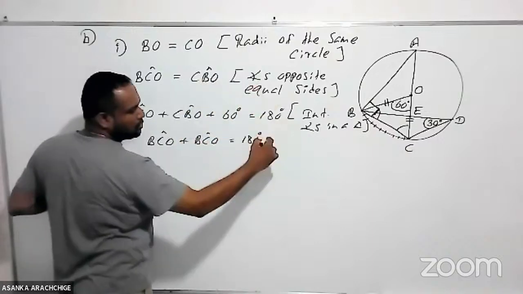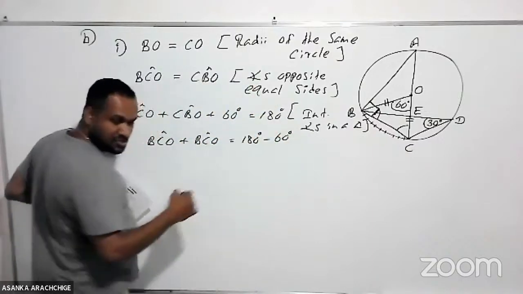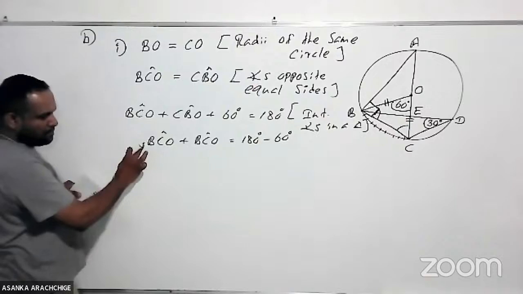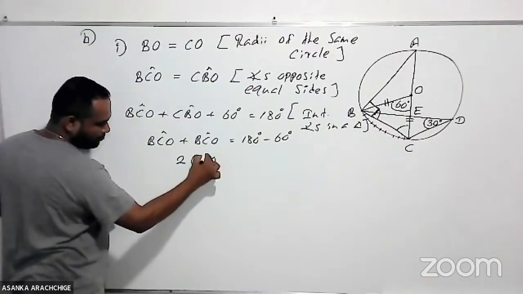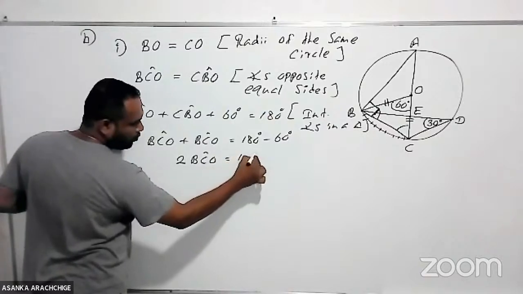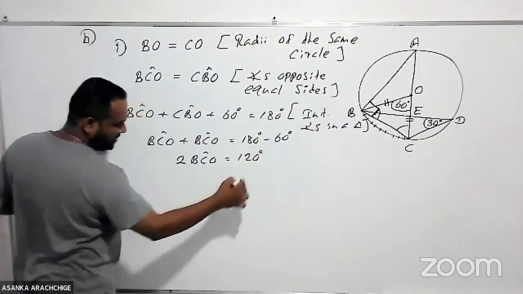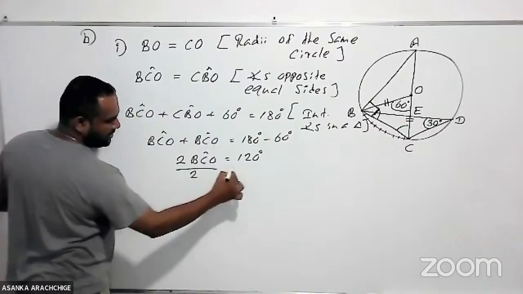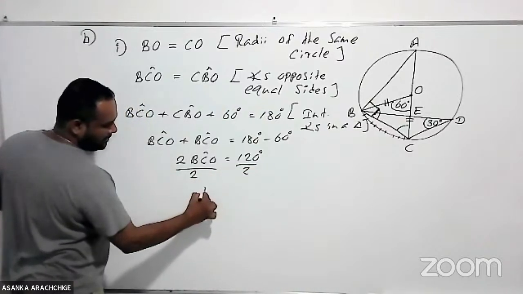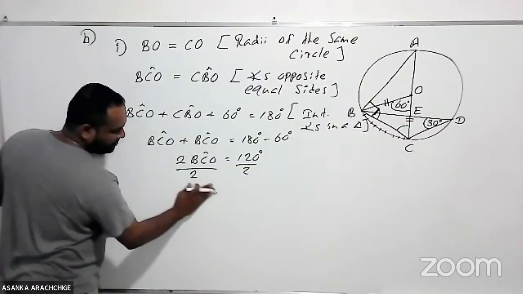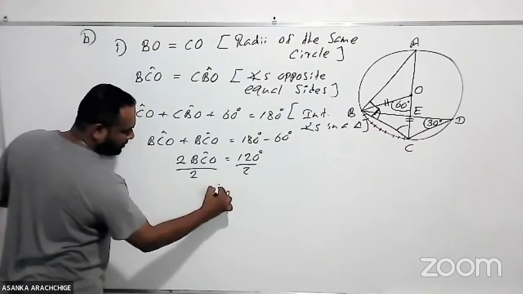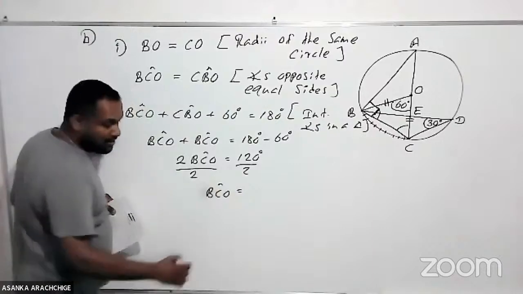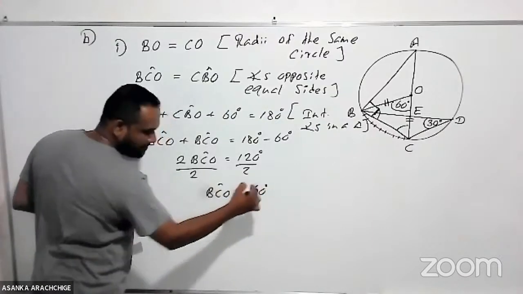Take this angle to the other side as minus 60. Well, 2 BCO equals 120. Now divide the equation by 2, and you can get that the magnitude of the angle BCO is half of 120, 60.